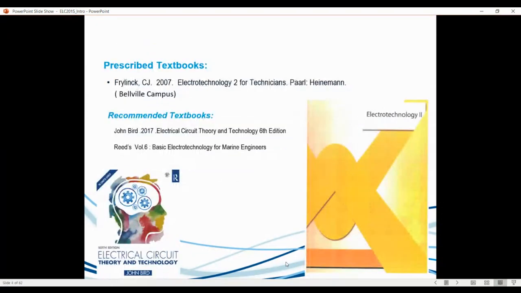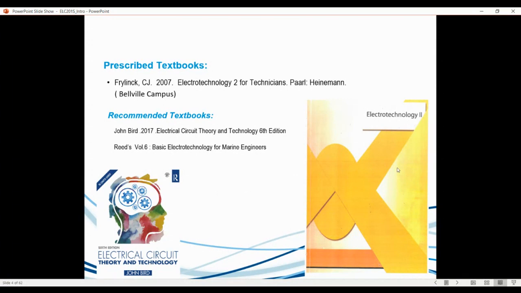The prescribed textbook for this subject is Electrotechnology 2 for Technicians, which is also on the Bravo campus, with around 140 copies. We're also using another textbook by John Bird. I prefer John Bird, but it's quite expensive.